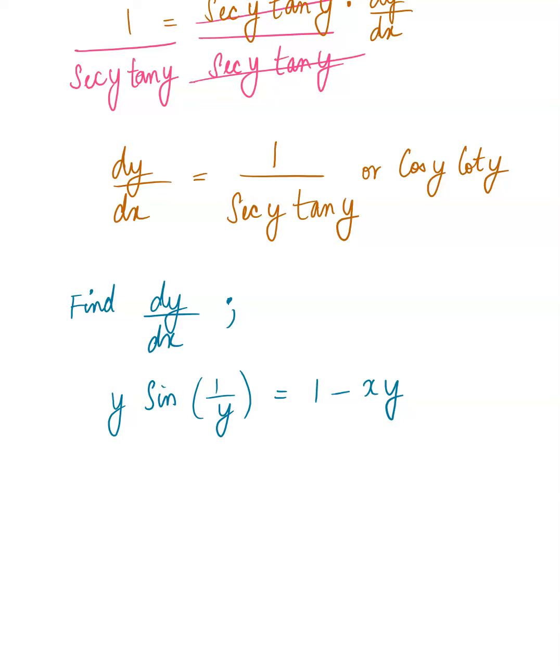So if it's a product rule, this is u and this is v, and when you take the v prime, use chain rule. When you take the u prime, it's dy over dx, right? Because you need to write y with respect to x. And here too, x and y, you'll have to use the chain rule.